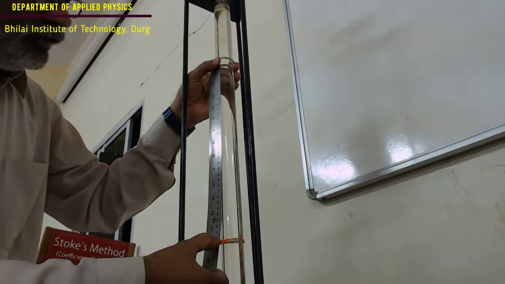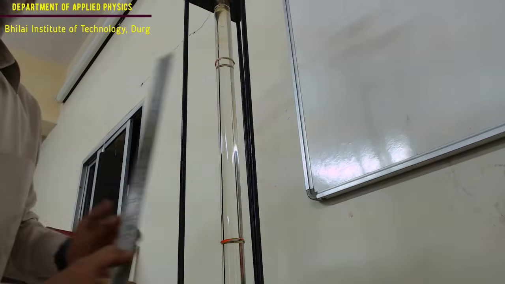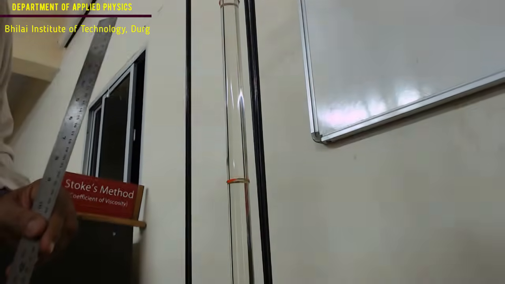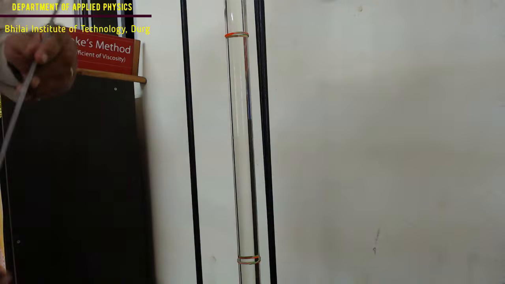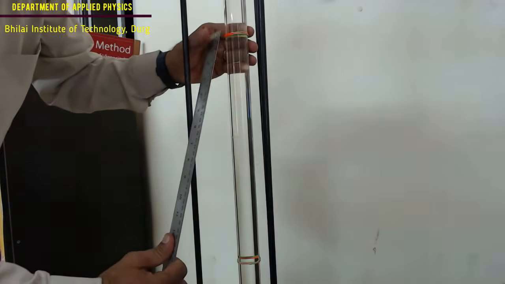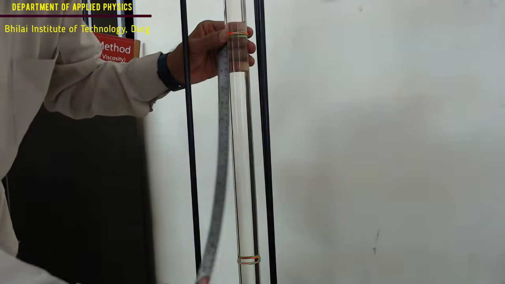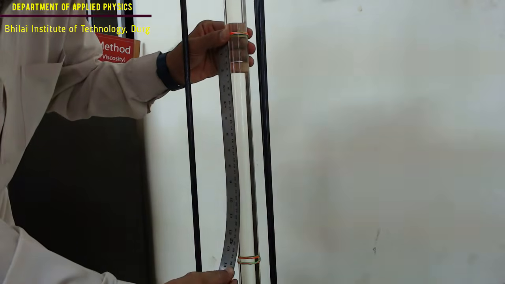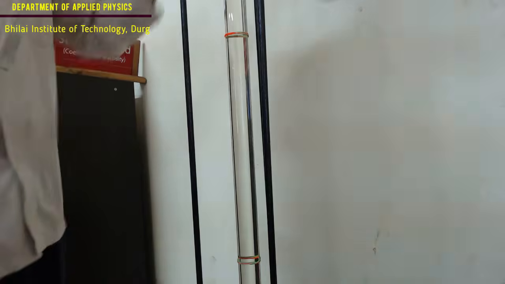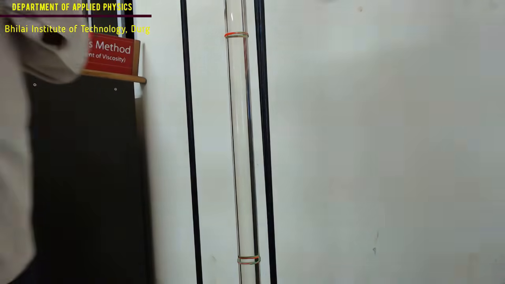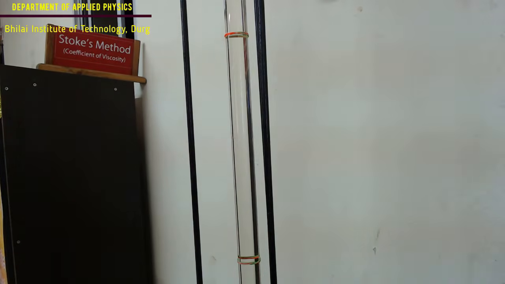So I have adjusted 35. Similarly, between the second and third mark, again I have to set the same distance. So I am keeping the scale as the reference to the second, and I am measuring the position of the third, which is again 35 centimeter. So both the distances are now 35, set for the experiment.